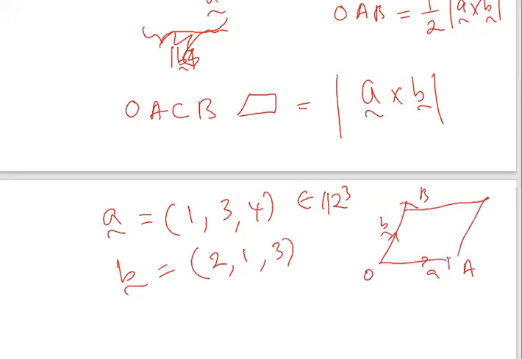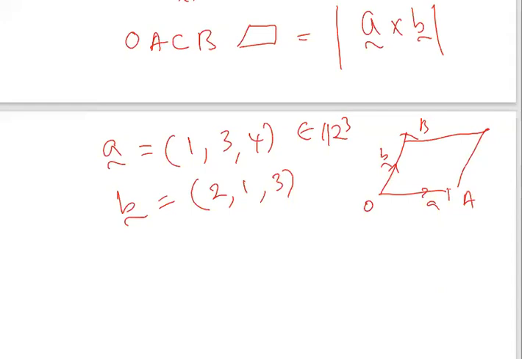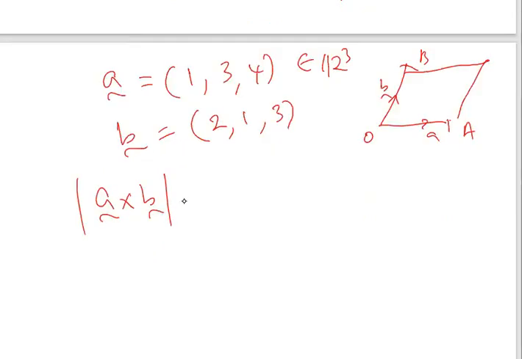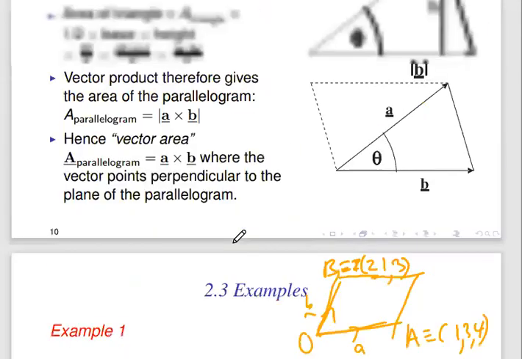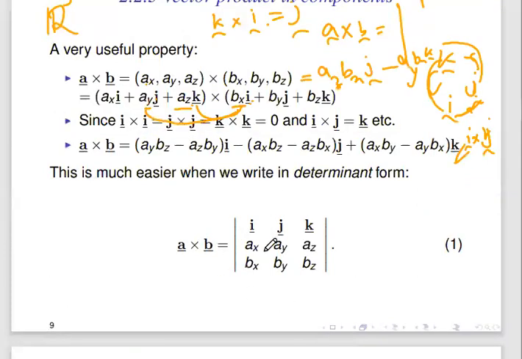What is the area? The area would be the magnitude of A cross B. First find A cross B. How do you find it? Because these are three-dimensional vectors, we can use this definition.